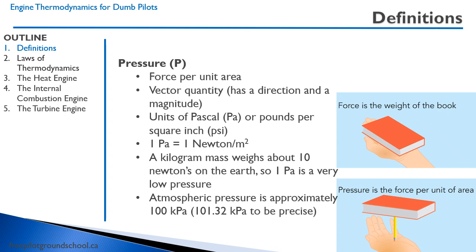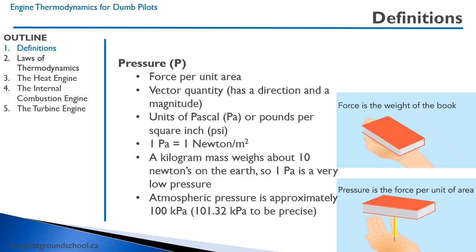Let's just talk about magnitudes a bit, so you can get an idea of what a Pascal is. 1 Pascal is 1 Newton per meter squared. A kilogram mass weighs roughly 10 newtons on the Earth. So if we had roughly 100 grams, and we spread that out over a square meter, that would be a Pascal.